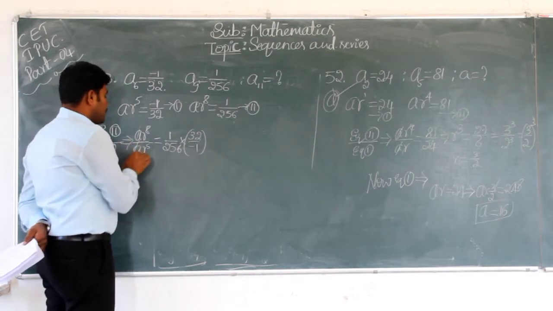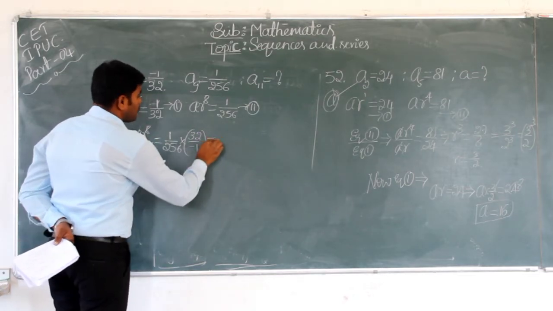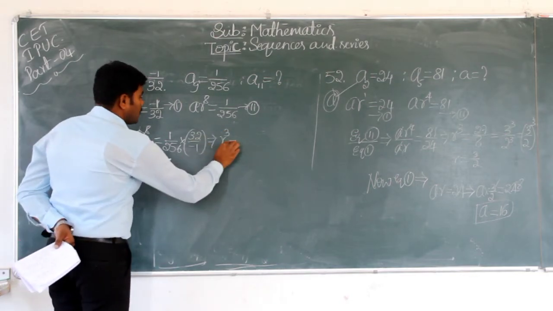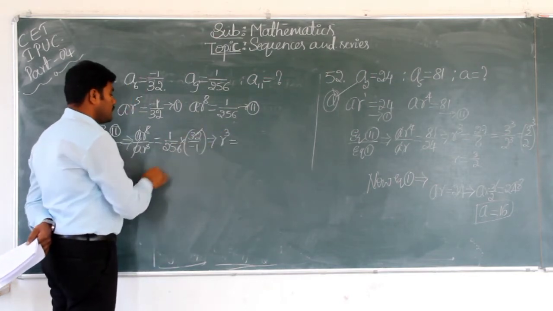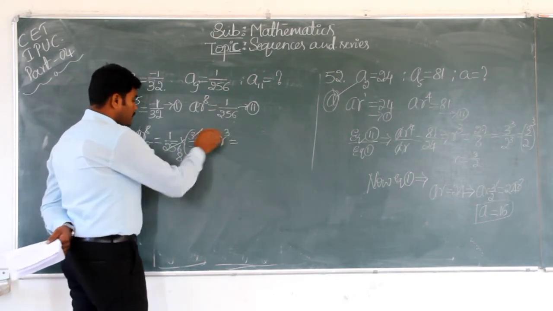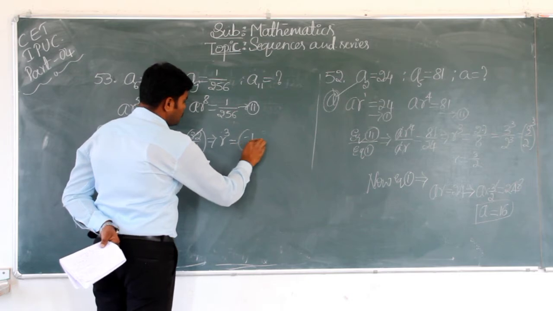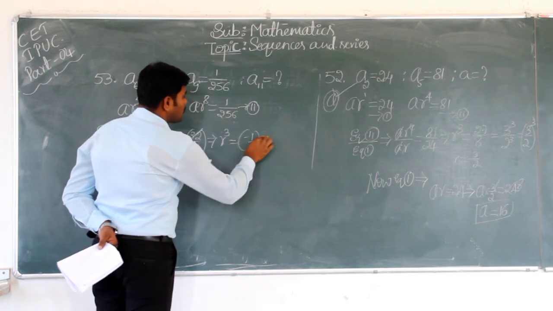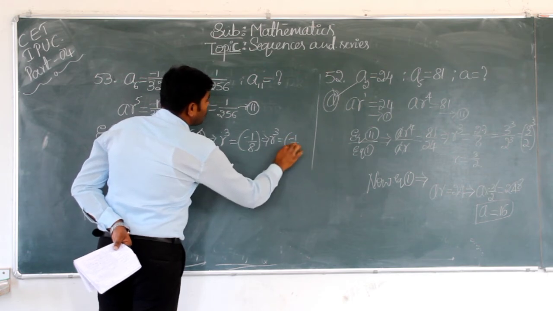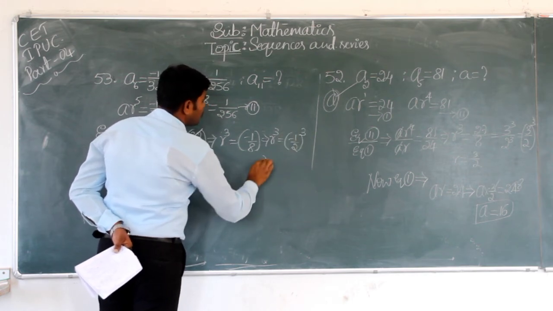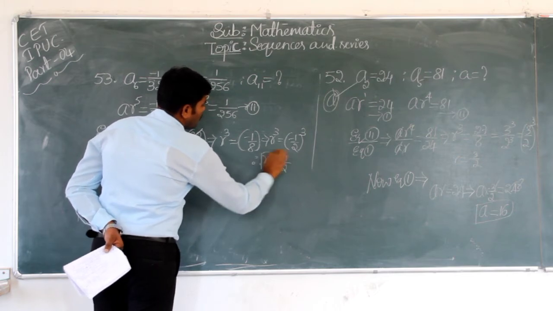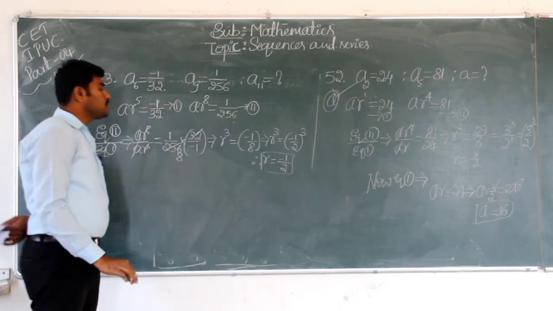See here, A cancels, and r cube is equal to, 32 ones are 32, 8, minus 1 by 8, right? Minus 1 by 8. And r cube can be written as minus 1 by 2 whole cube. Therefore r is equal to minus 1 by 2. Find out what A is.